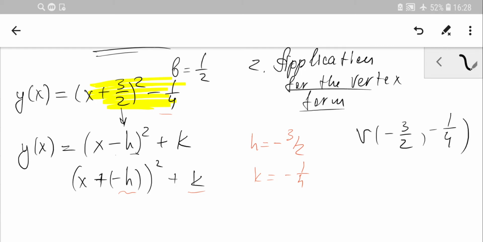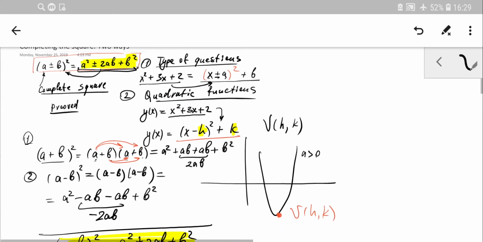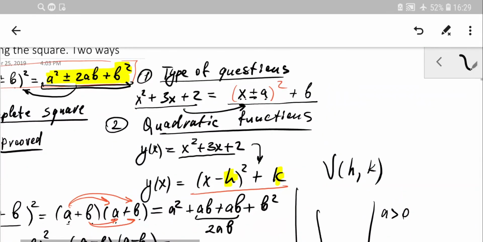So you see what sort of possible application you might meet. And this is in full correspondence with the words I started from. So type of questions. So basically have a complete square form, from expanded, give the shorter way of writing quadratic functions. That's the vertex form application.